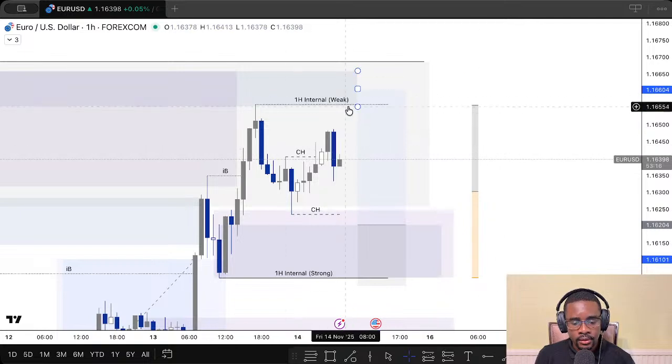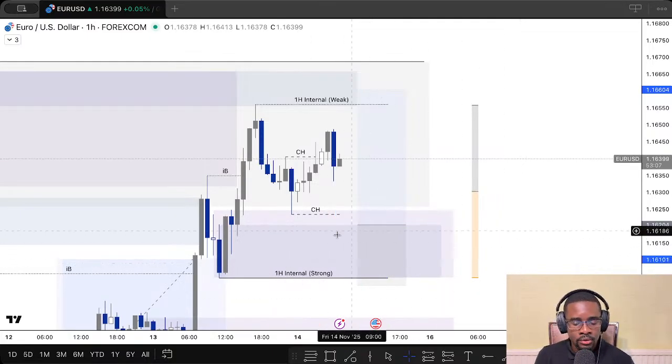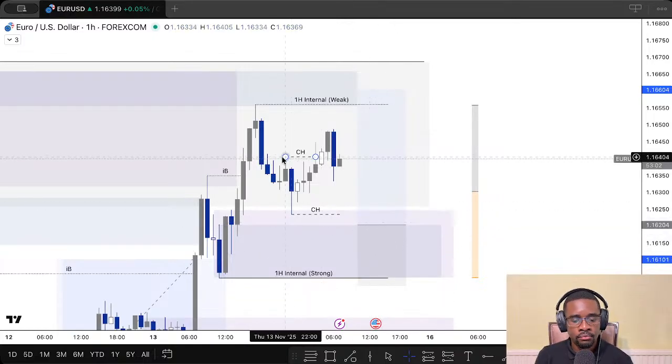This is still weak, because we have not eliminated any strong area as yet. So this is a trade idea that is still worth exploring. Obviously this needs to be taken out, and then price needs to take out this strong low.